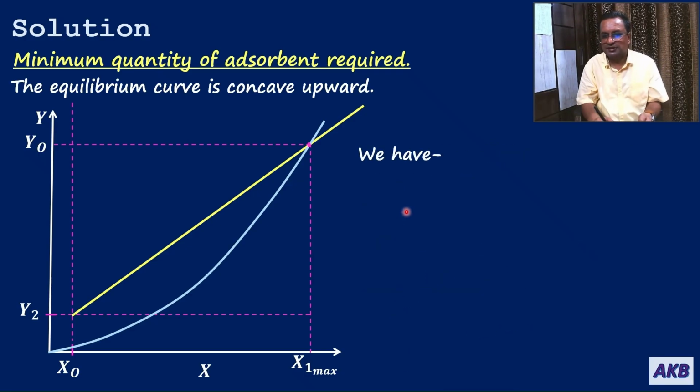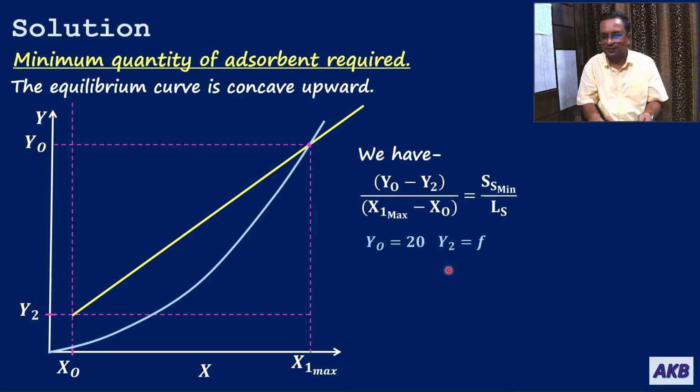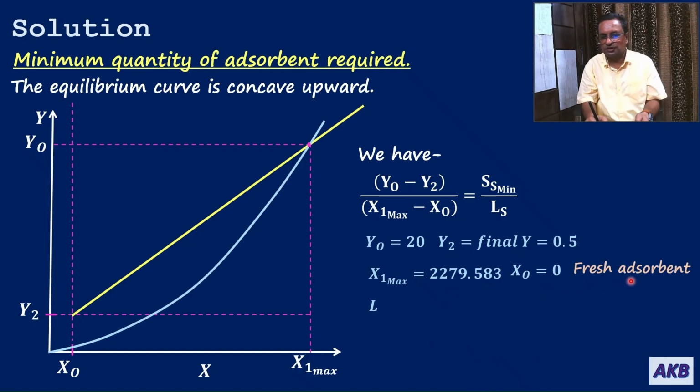So we have y0 minus y2 upon x1 max minus x0 is equal to SS minimum upon LS. y0 is 20, y2 is the final y, which is 0.5, known to us. x1 max is the value we just got, 2279.583. x0 is 0. Why? Because we are using fresh adsorbent.